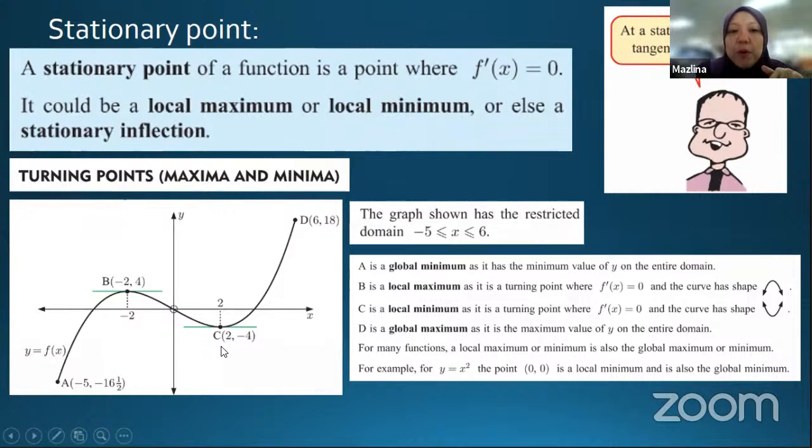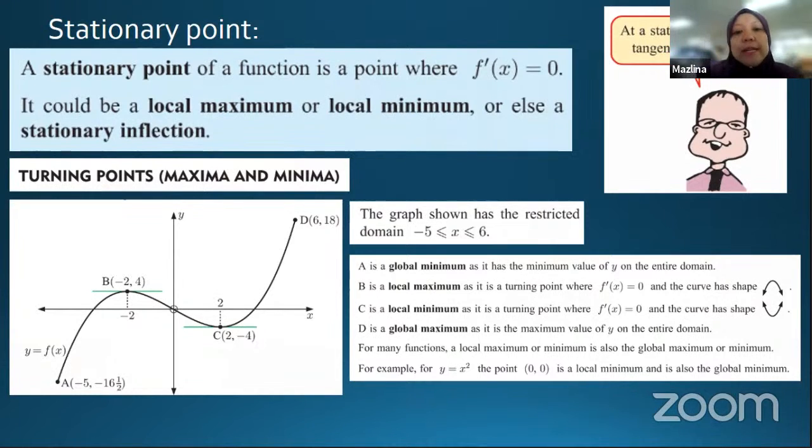Right? And then point C, local minimum, the turning point where f prime is equal to 0 as well, and the curve has shaped from negative to positive. The gradient is negative to positive. Decreasing, increasing. It will give you a local minimum.